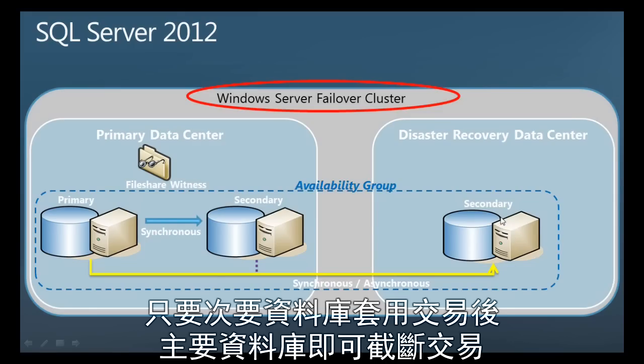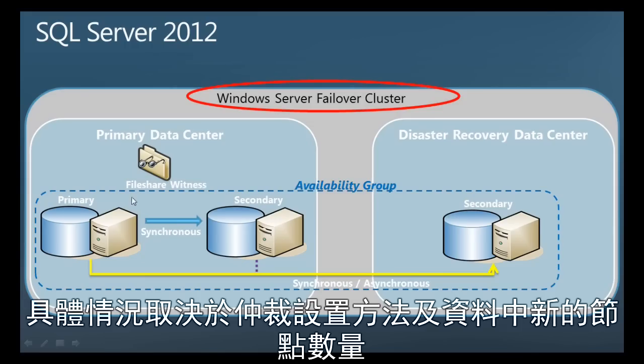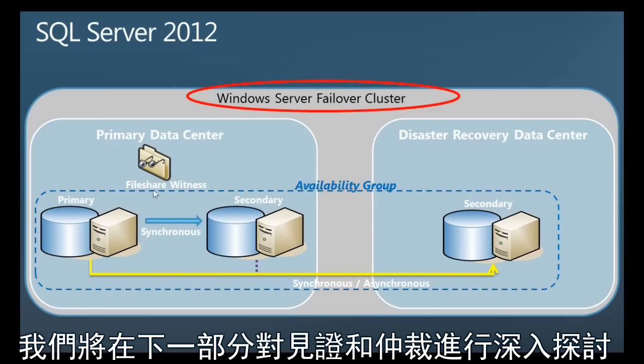So as soon as the secondary gets the transaction, the primary now can truncate these transactions. You probably still need a file share witness if you want to have automatic failover. Depends on how you set up your quorum, how many nodes you have in your data centers. So I will talk more about the witness and the quorum in the next session.